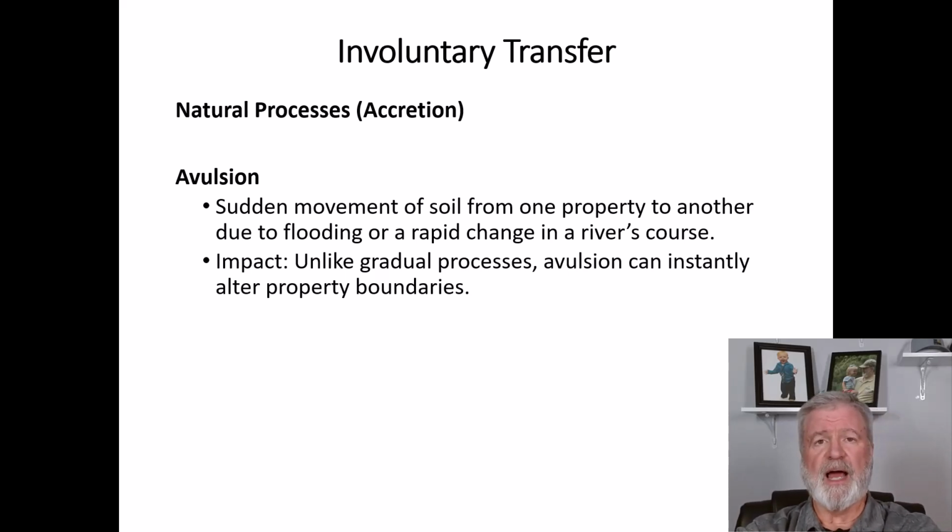A mudslide, stuff like that. That can cause the avulsion. So, might be worthy of remembering. Avulsion is a sudden movement, transfer of land. Things like alluvion, that's very gradual. It's a long process to get that done.